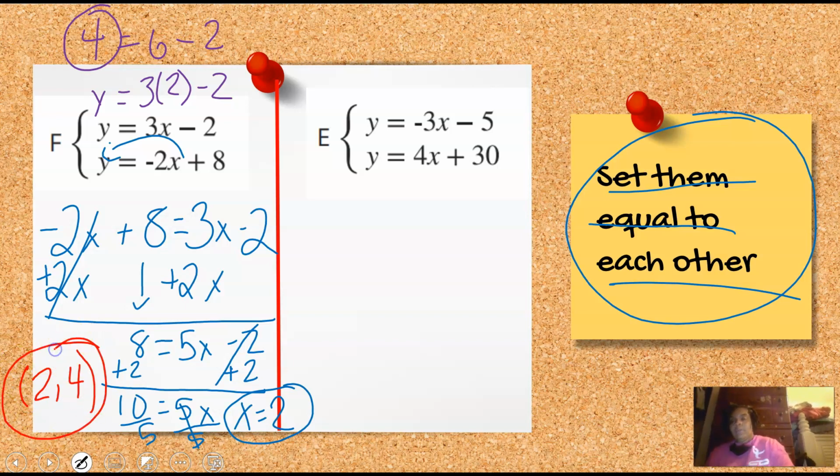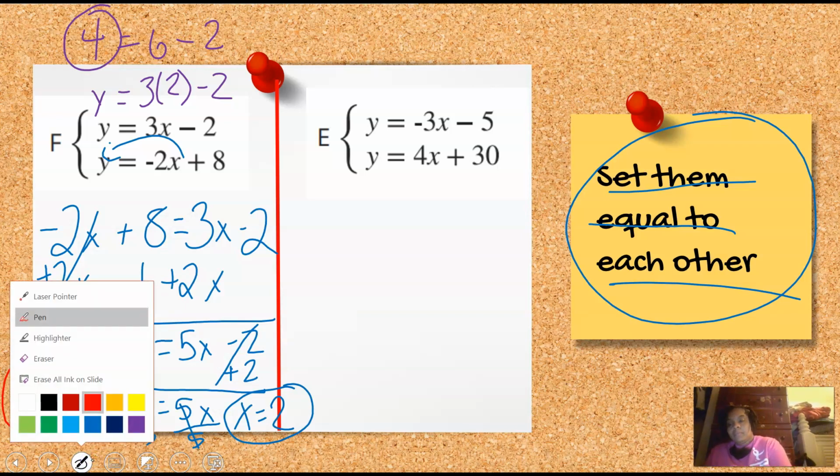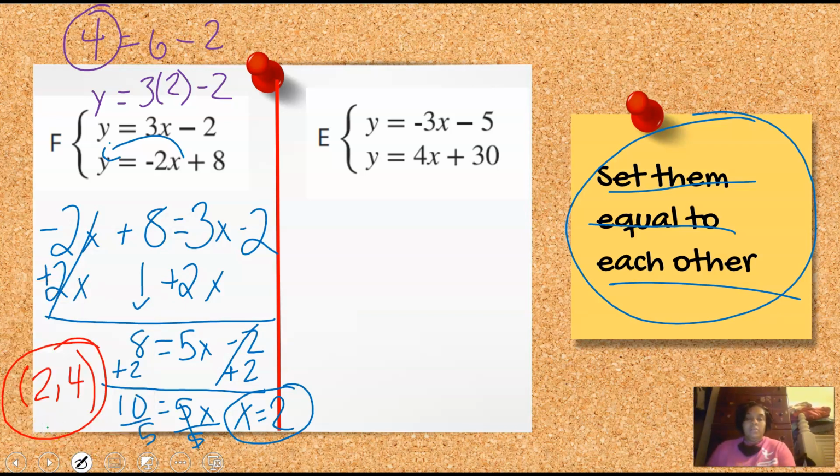And once again, if I want to check, I just take those and plug them back in. Okay, this time I won't write so big, hopefully. All right. The next ones, once again, these are set up the same way. So just set them equal to each other. Negative 3x minus 5 equals 4x plus 30.